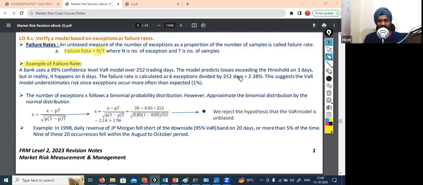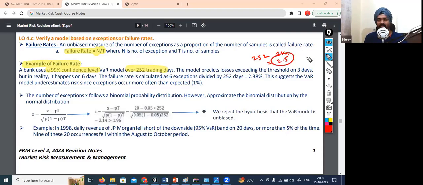First off, I've brought this example, pay attention here. I'm saying 99% confidence over 252 days, my VaR will not go up. That means 99% confidence, 250 days, 1% chance it can go up, right? So 1% of this will be 2.5.